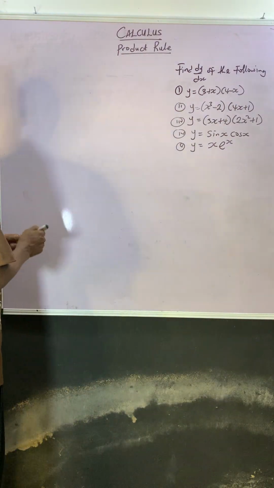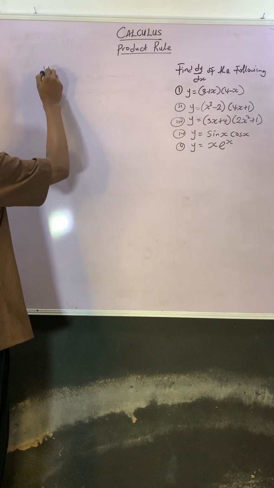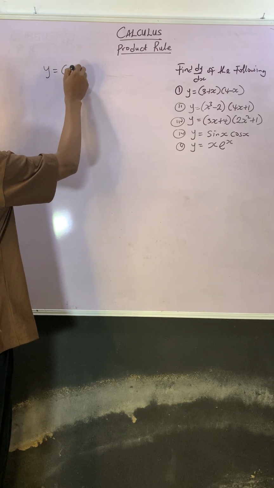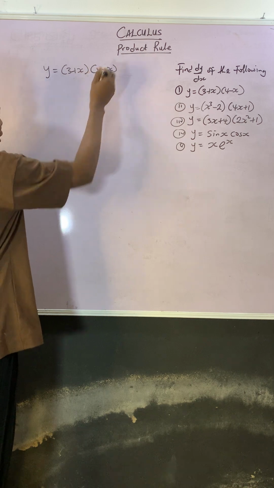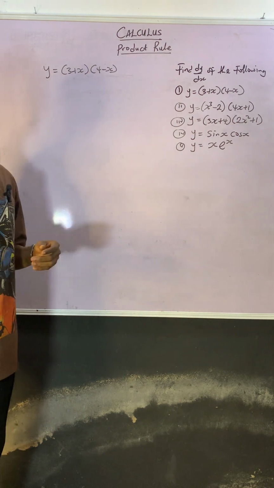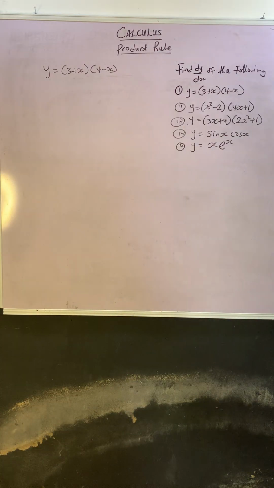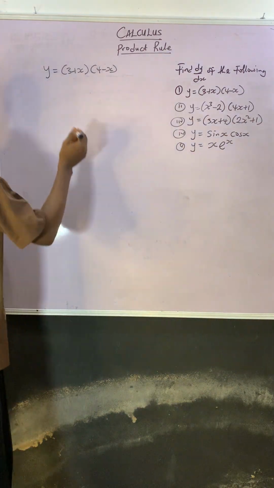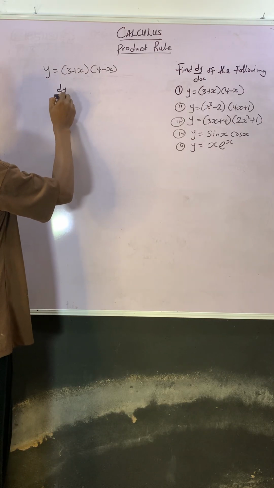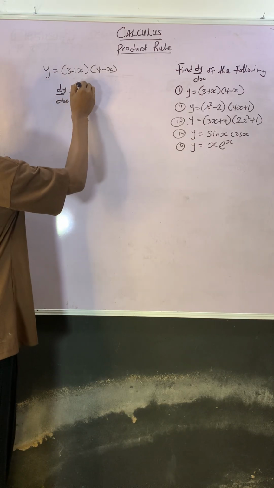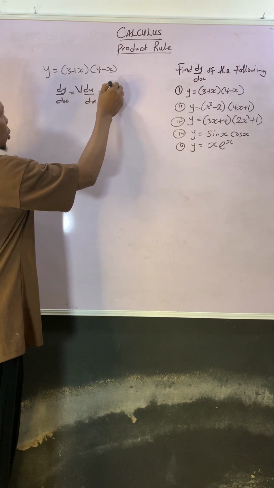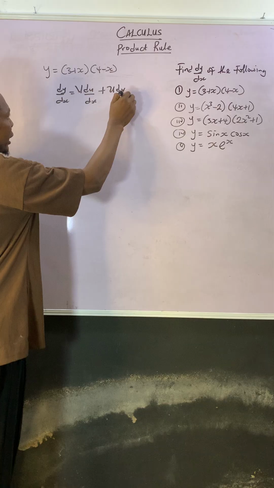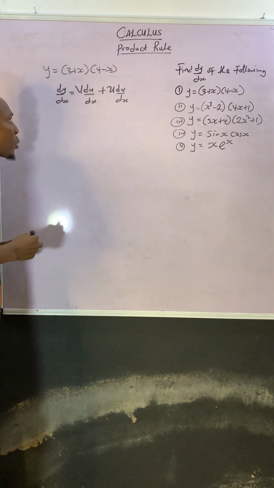So the first question here, we have y equals 3 plus x, bracket 4 minus x. Now in product rule, we have a formula: dy/dx equals v du/dx plus u dv/dx.